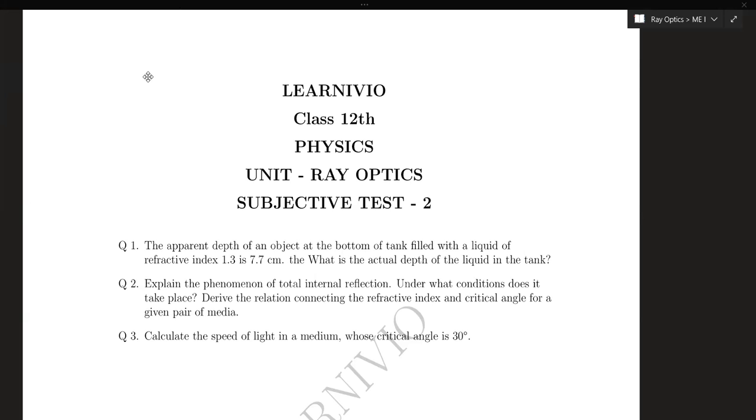Using critical angle, you have the refractive index formula. Refractive index formula you have, multiple formulas you have, where one medium you can take as the air or vacuum. The other medium is the medium that is given in the question. So using that, find out the speed. Take one medium as this medium and take the second medium as the speed of light which you take. And then you have refractive index, you have critical angle. Relate all the three.